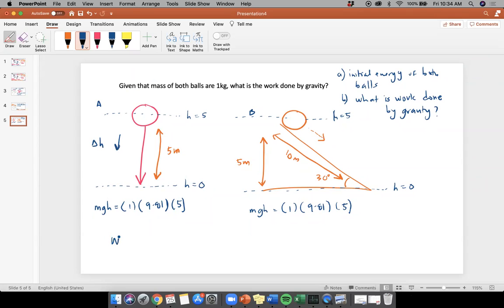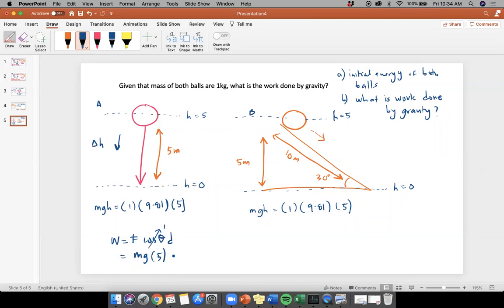Okay, so work done is F cosine theta d, and our F is just mg, and our cosine theta, the angle between displacement and the force, is 0, so this becomes 1. The d is our displacement, and it's going down in the same direction as the gravitational force, so that is just mgh.